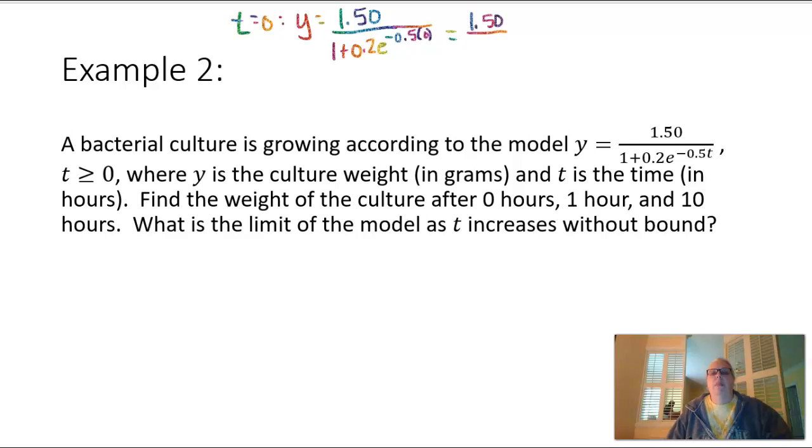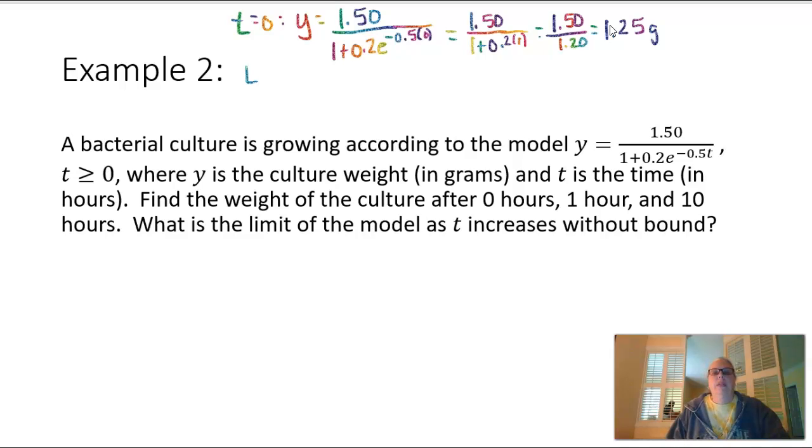Now, in the bottom here, 0.5 times 0 is just 0, and e to the 0 power is going to be 1. So we've got 1 plus 0.2 times 1, which means we're going to have 1.5 divided by 1.2. And let's see what that gives me in a calculator. It looks like it's going to give me 1.25 grams.